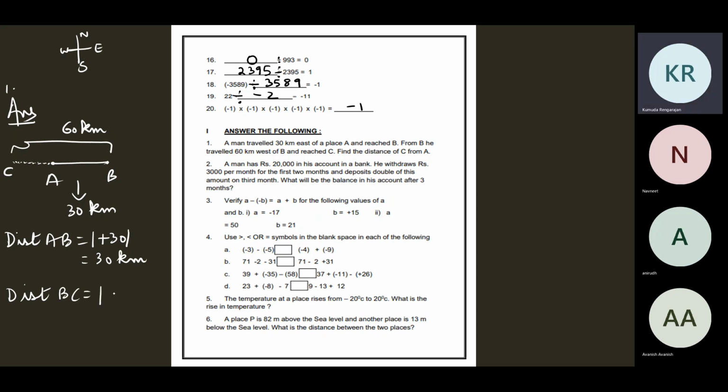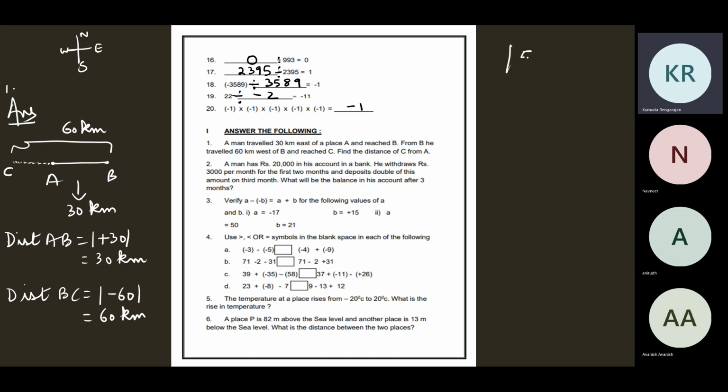It is the absolute value of minus 60 because he's traveling towards west. So it's the absolute value of minus 60, which is 60 kilometers. Absolute value means you should write the numerical value, ignoring the sign. It's always positive. Absolute value of an integer is always positive.